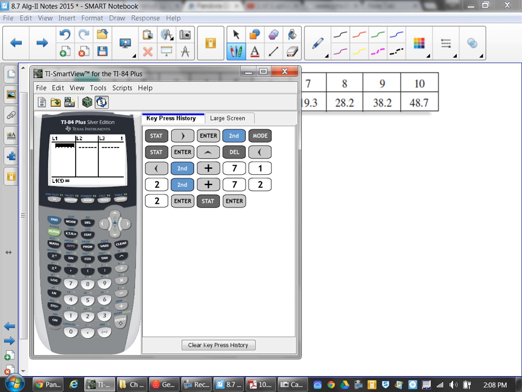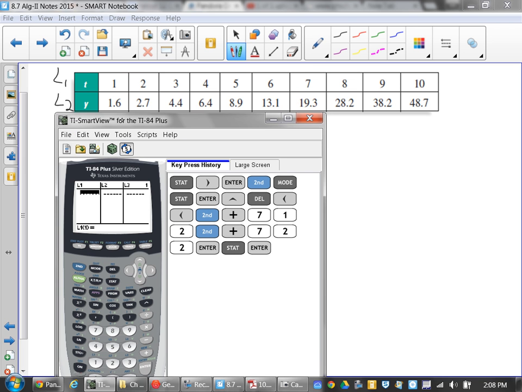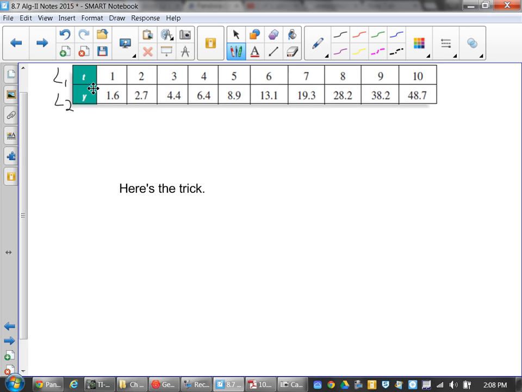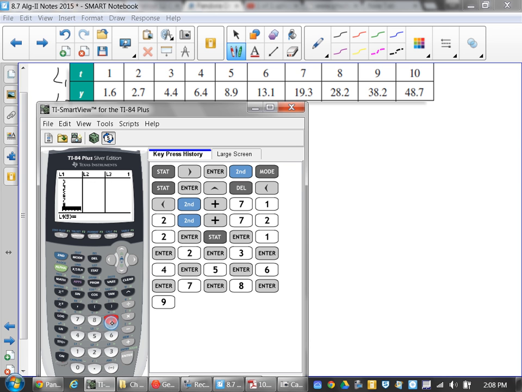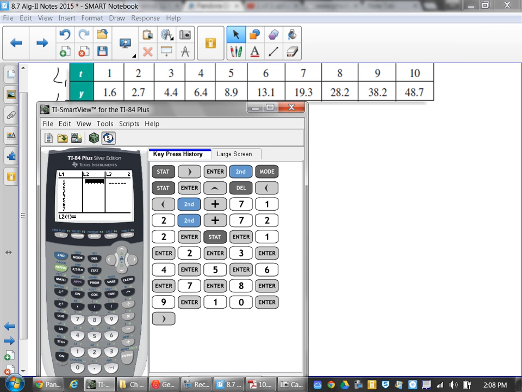Stat edit. My list here, I believe, starts at 1. I'm just going to do 1 through 10. Try to get it so it all shows up here. So L1 goes 1 through 10. Okay. L2 starts at 1.6.